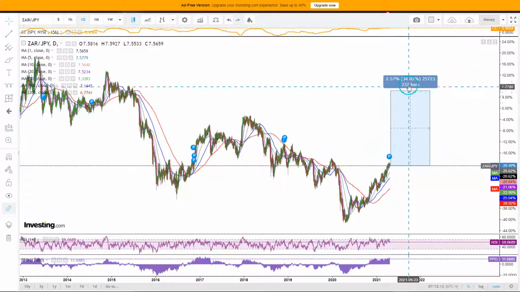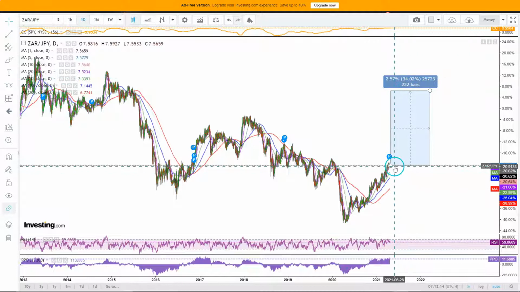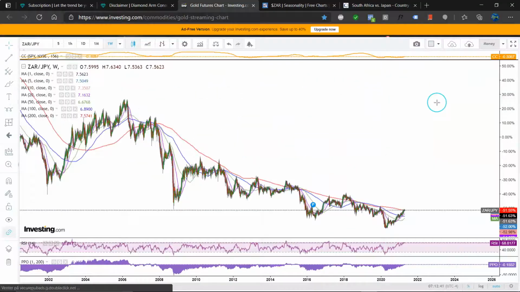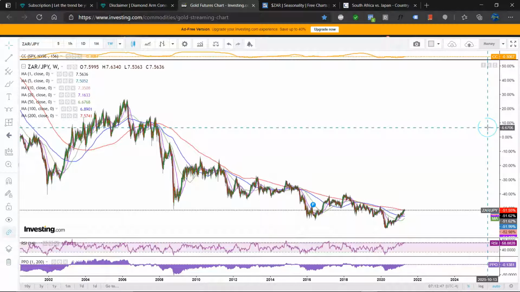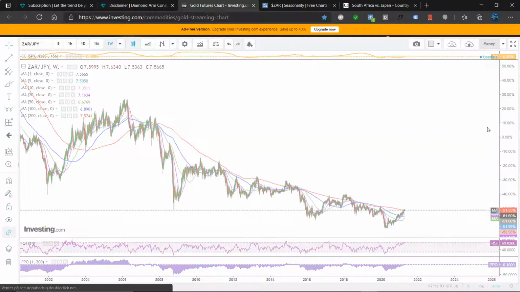But this 34% move from the current level is a much, much bigger deal. So that is a much lower probability event. And it's the same phenomenon in the stock market. Getting a 100% move from a deep low is much easier than getting a 100% move from a new high.